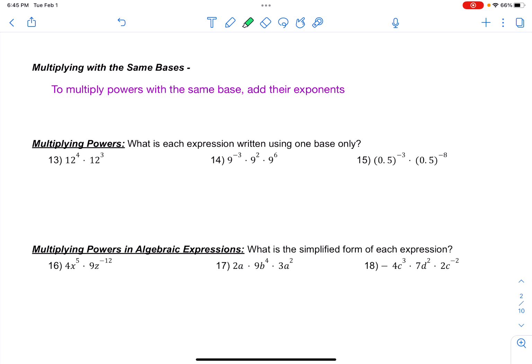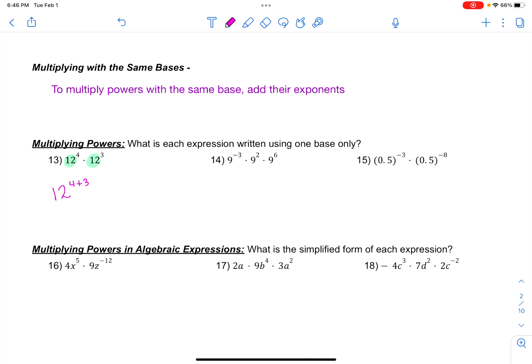So for 13, we have 12 to the fourth times 12 to the third. These 12s are our bases. So it's the main number that you see. Since we have the same base, we can just add those exponents together. So 12, and then we do 4 plus 3.